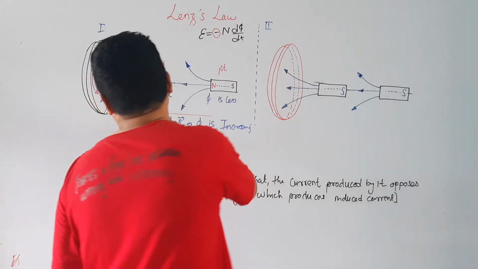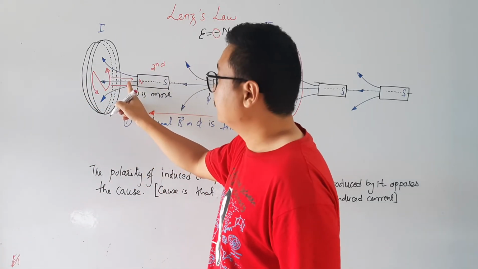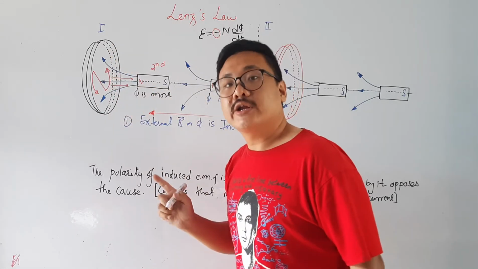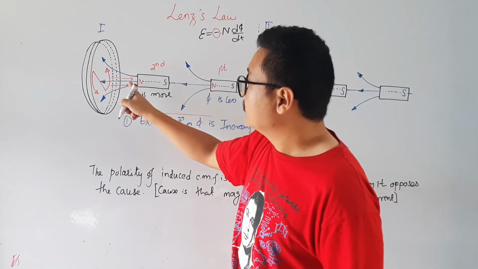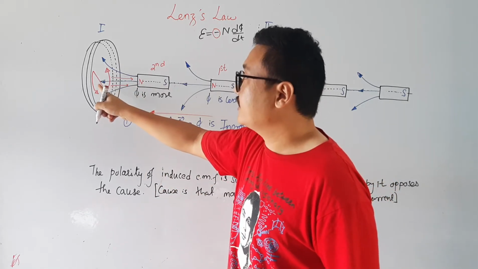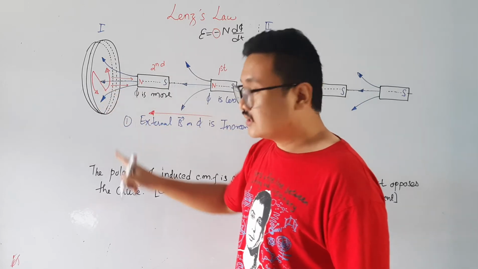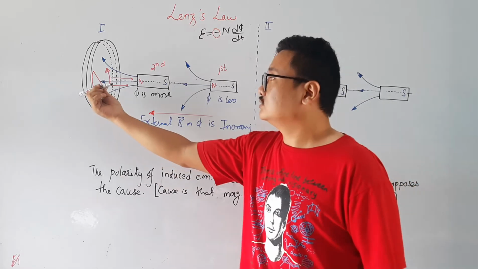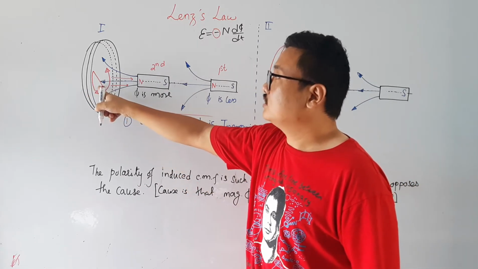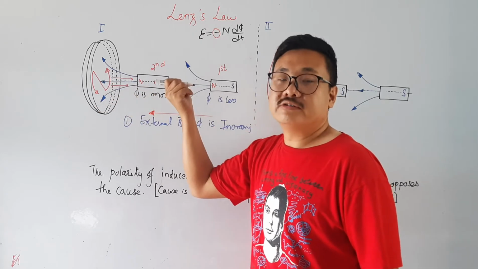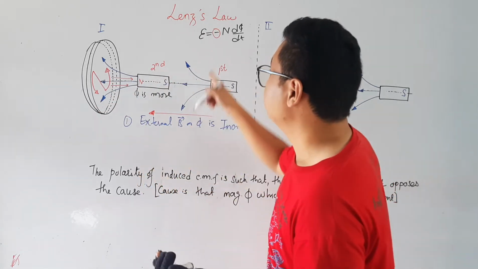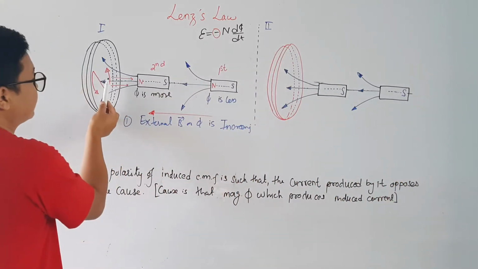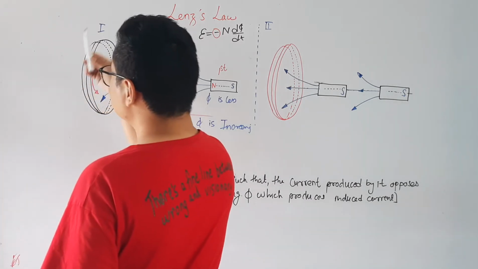This red magnetic field is the magnetic field produced by the induced current, since current produces a magnetic field. According to Lenz's law, it has to oppose the cause. To oppose the cause, it has to repel, and to repel there must be a north pole, and this north pole and that north pole will repel, so Lenz's law is successful. Because of that, there is the negative sign. Then what should be the direction of current here? It is anti-clockwise. North pole means anti-clockwise.